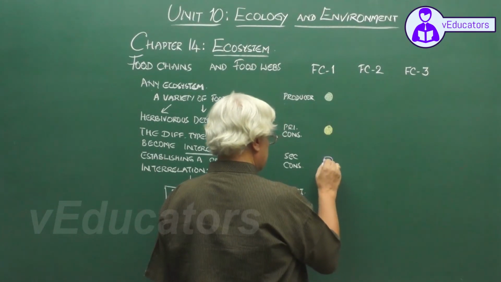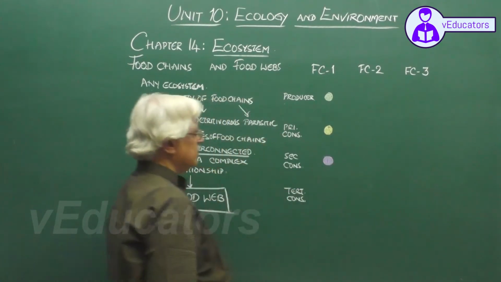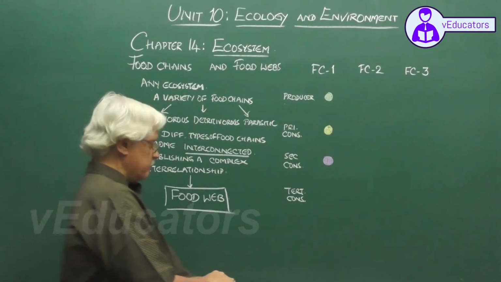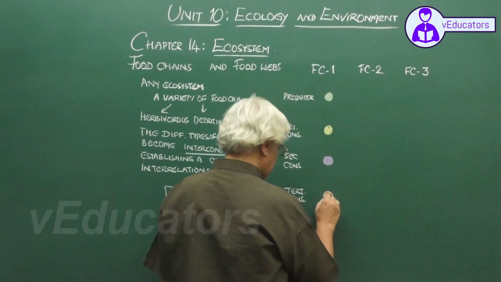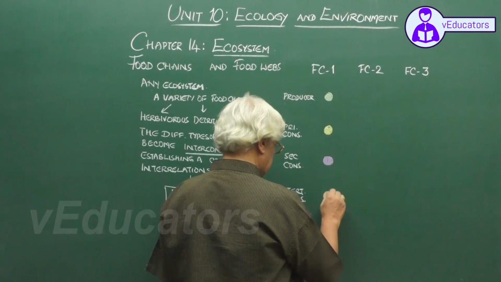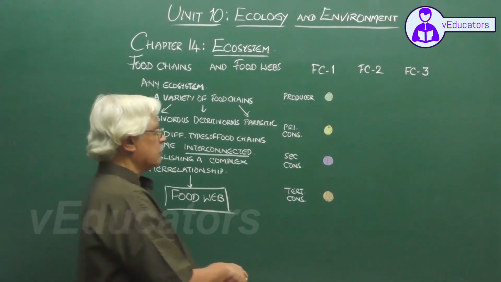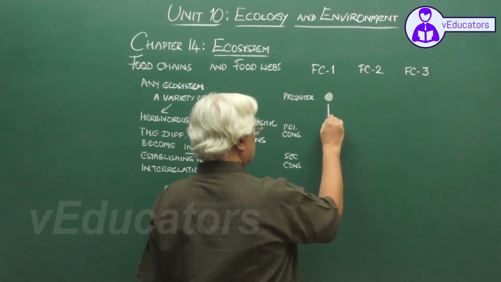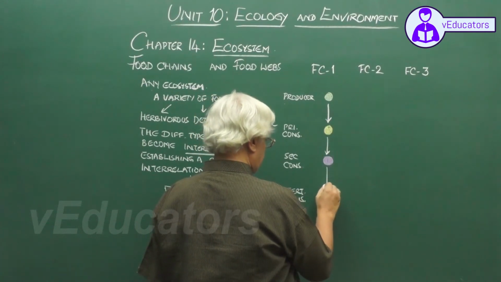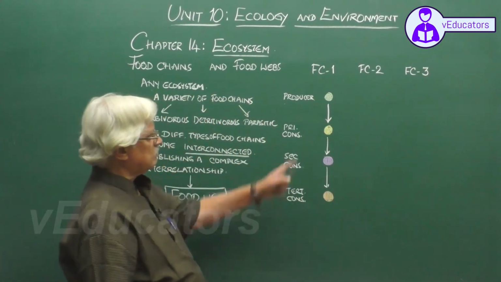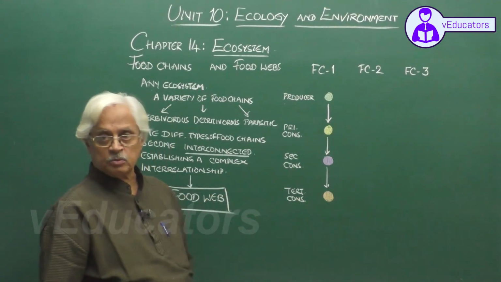Feeding on this primary consumer is a secondary consumer, and feeding on this secondary consumer is a tertiary consumer. So this is a food chain: primary producer, primary consumer, secondary consumer, tertiary consumer.